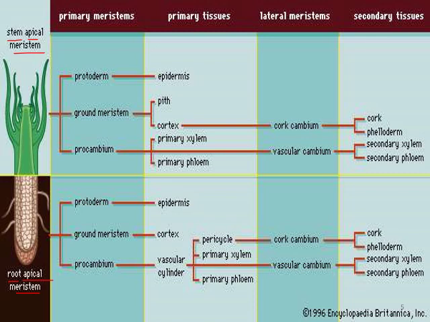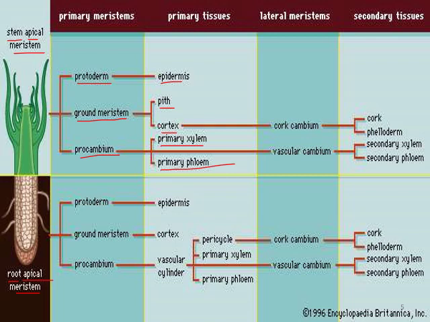After this, we have three types of primary meristems. One is protoderm that produces epidermis. Then we have a ground meristem that produces two types of tissues. One is pith, the other one is cortex. And then we have a procambium that plays a role in the formation of primary xylem and primary phloem.